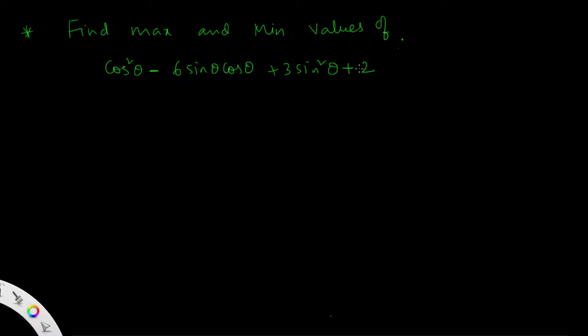This is the past year question. Find the maximum and minimum values of cos square theta minus 6 sin theta cos theta plus 3 sin square theta plus 2. This is the mains question.